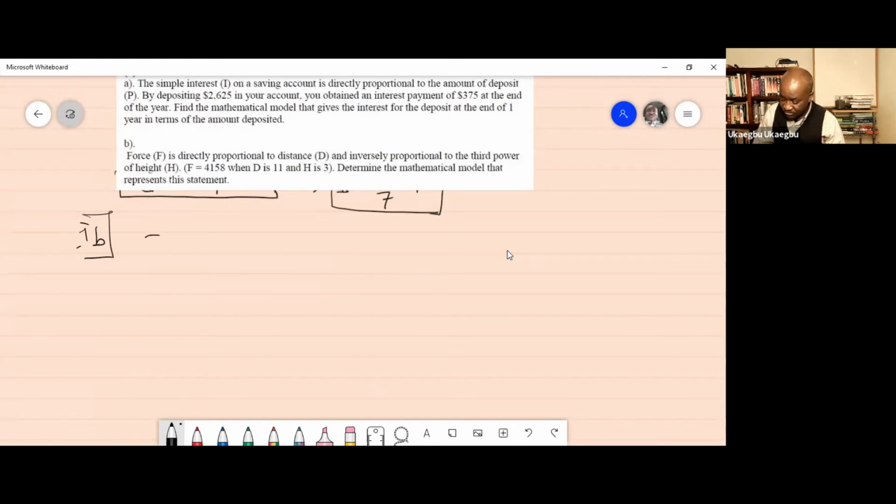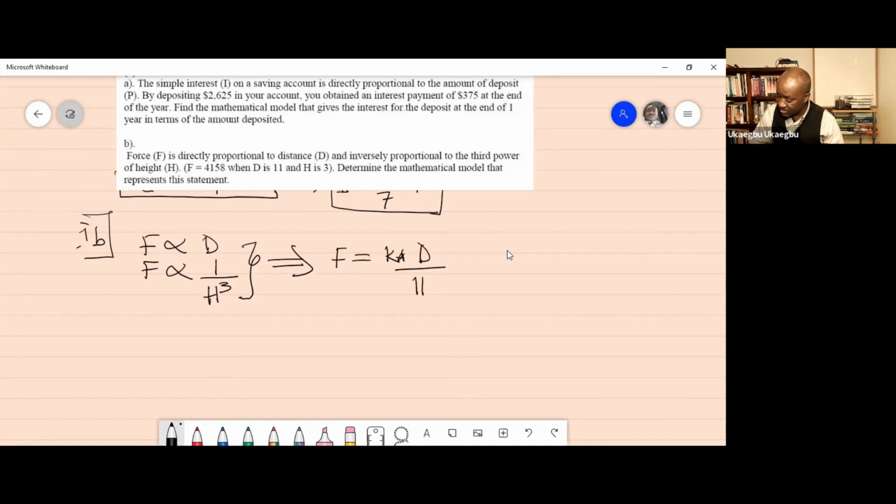They said that force is directly proportional to d, and at the same time force is inversely proportional to the third power of height, h cubed. These are the two proportions, so all you need to do is combine these two. Once you combine them, you have that force is equal to K multiplied by d over h cubed. So this is your formula.